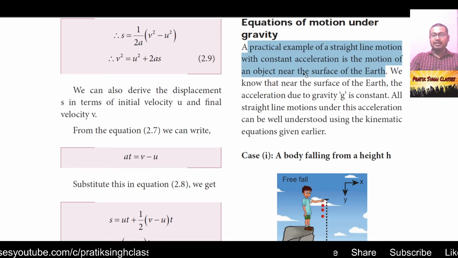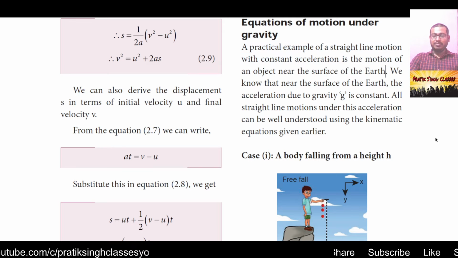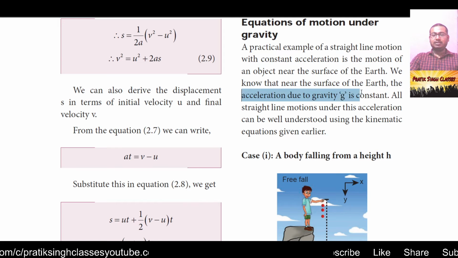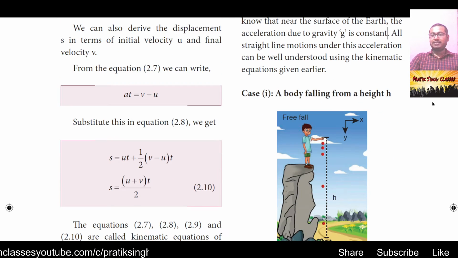When we say near the surface of earth, that means the height from which the object is dropped is not comparable to the radius of the earth. We know that near the surface of earth the acceleration due to gravity is g and it is a constant value. In class 9th and 10th you studied that g = 9.8 meter per second square.